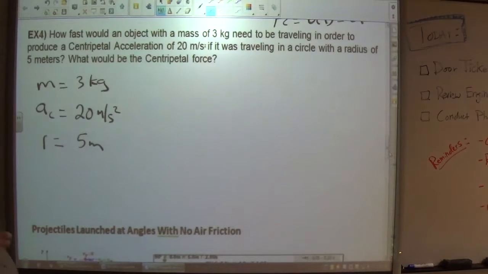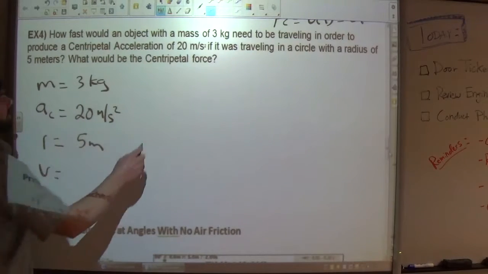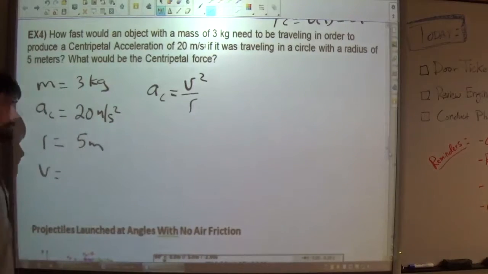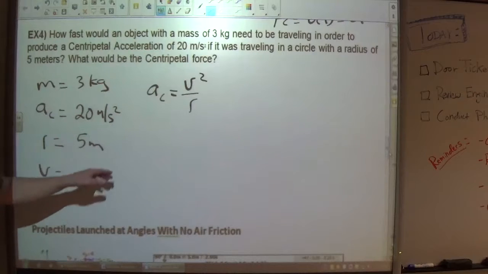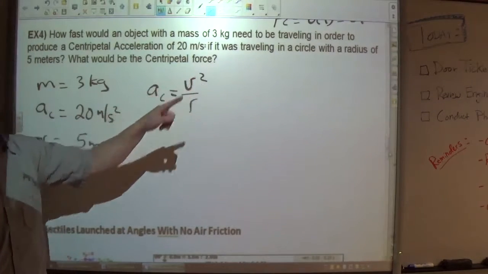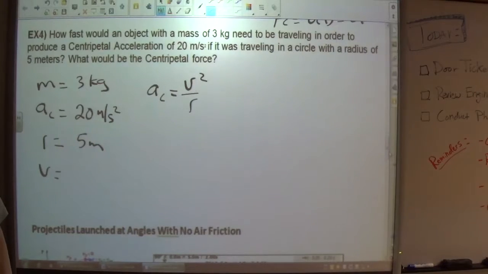Well, the velocity, though not directly given to us in an equation: acceleration centripetal is equal to v squared over r. So we should be able to multiply both sides by r and then take the square root of both sides. So we're just using some algebra to solve.